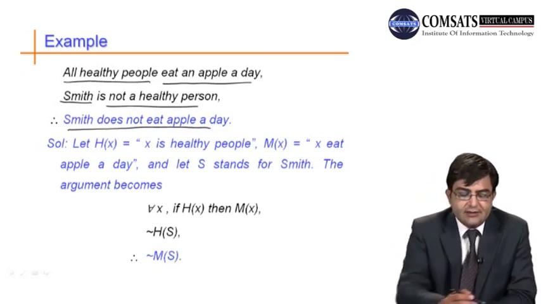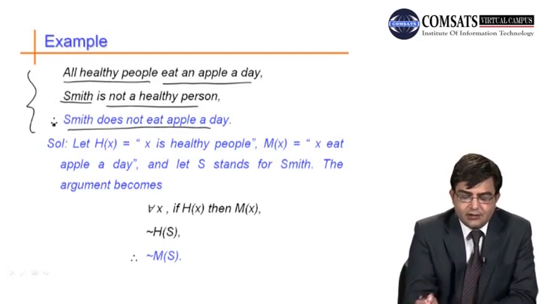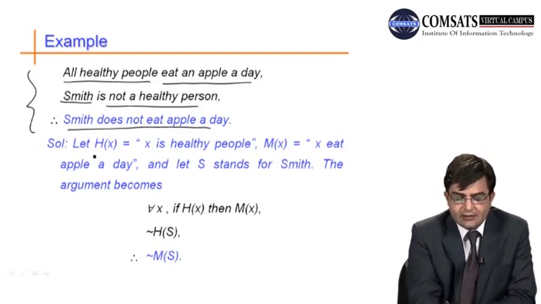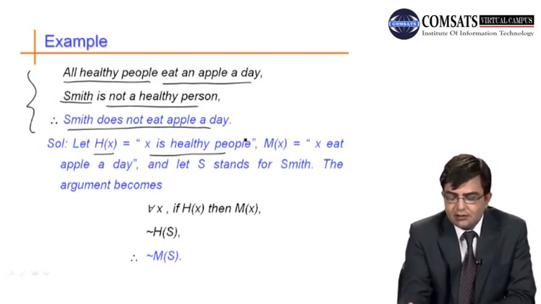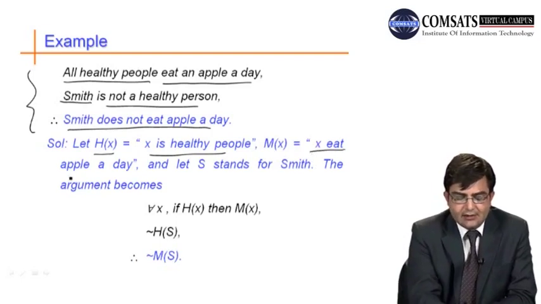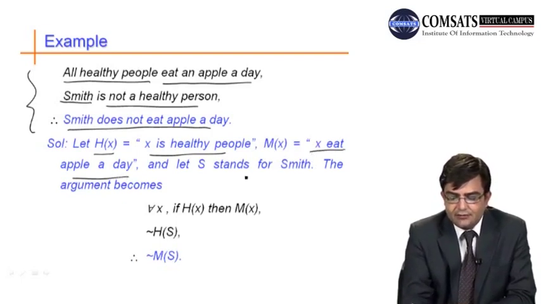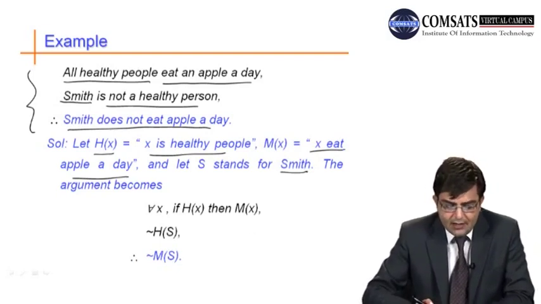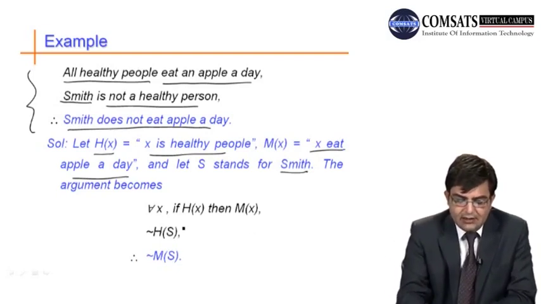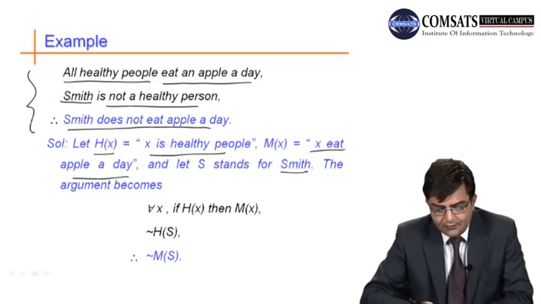So if we translate this argument into the logical form, h of x is healthy person, m of x eats an apple a day, and s stands for Smith. Then for all x, if h of x then m of x, and we say here not h of s, and we conclude not m of s.